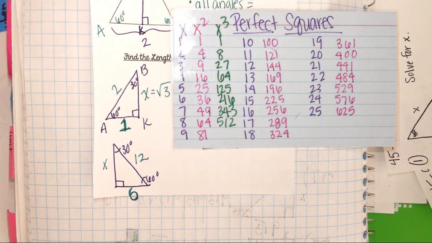Remember, you need to get it in simplest radical form, so find the biggest perfect square that divides into it. 36.